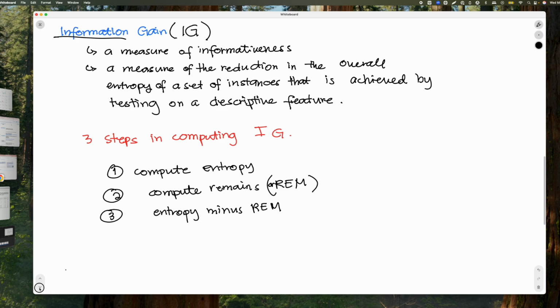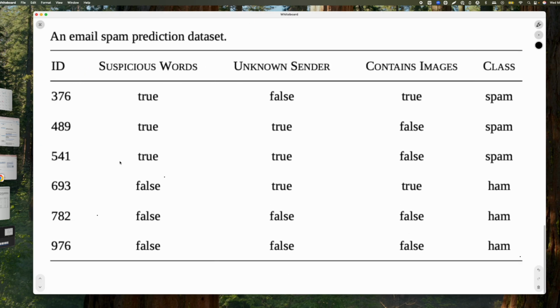So we have a data set here. These are randomly taken from a large data set, and these points here are email spam prediction. So there were over 10,000 of these, and for the sake of manual solving, we will be taking only 6 of them here. And we have suspicious words, unknown sender, contains images, which is binary true or false, and we have class.